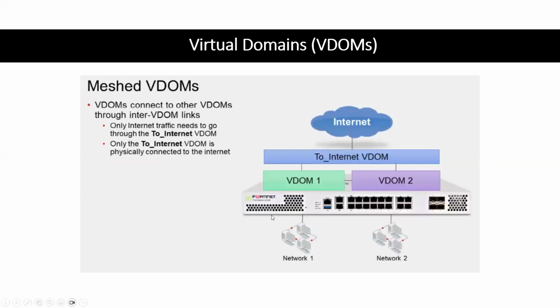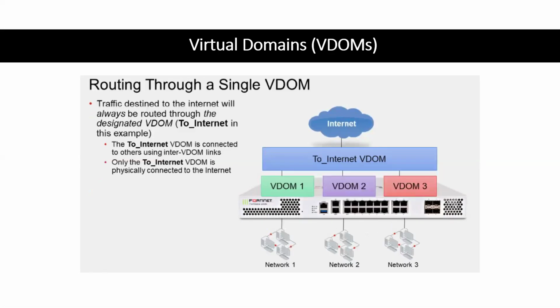So for the last example, my Kiwi, let me go to the first one, that's a little bit better. We would have all these VDOMs. But what you don't see is that Donovan went ahead and when he first deployed this, there's also a management VDOM here that's not shown.